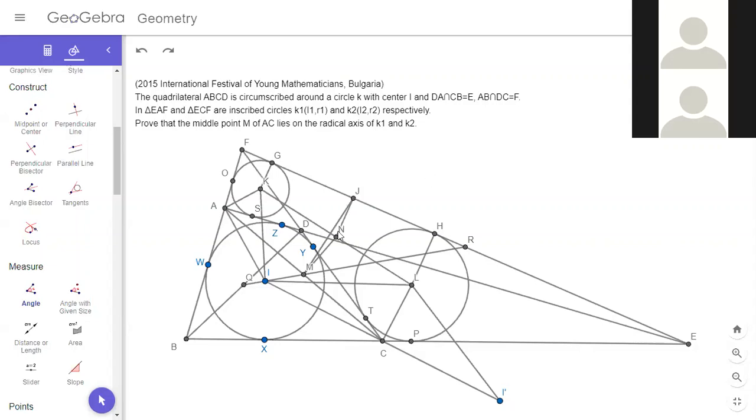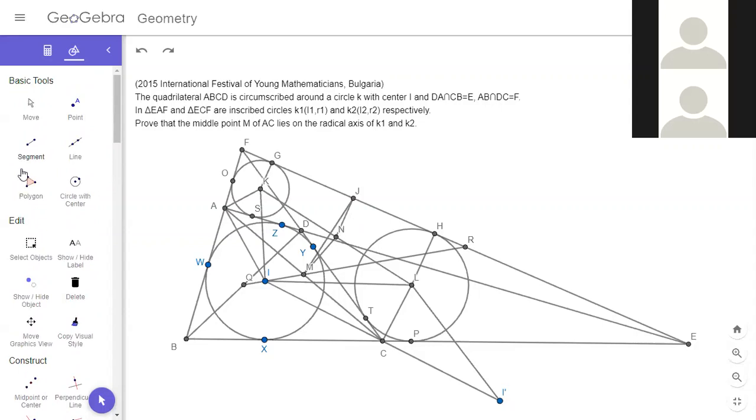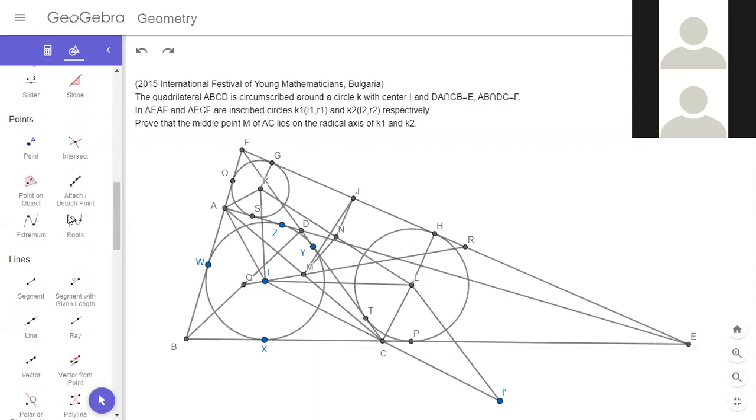So we know NA is equal to NC and NG is equal to NH. Is N the circumcenter? I'm sure we've done this. I don't think AGHC is cyclic. But we know NAC and NGH. I wonder if they're similar.